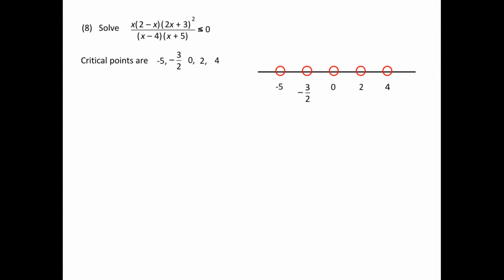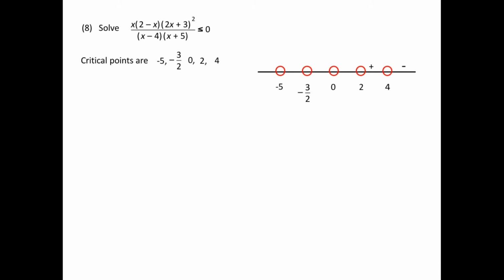Now we'll lay out a critical point table. First, we will substitute x greater than 4. When we do this, all the terms are positive except for 2 minus x, which is negative. This makes the whole expression negative. Similarly, if we substitute a value between 2 and 4, we will use the rule that the sign changes over critical point values.